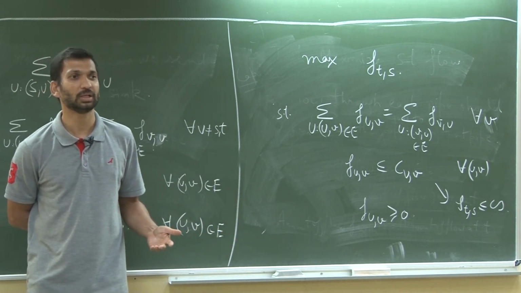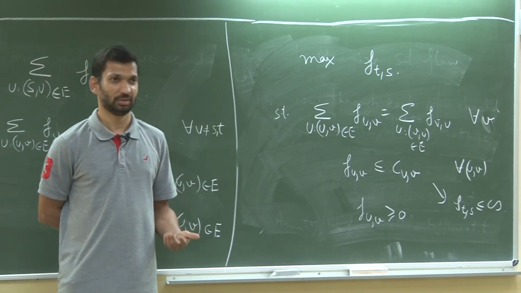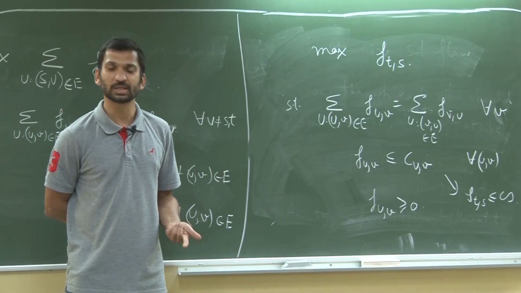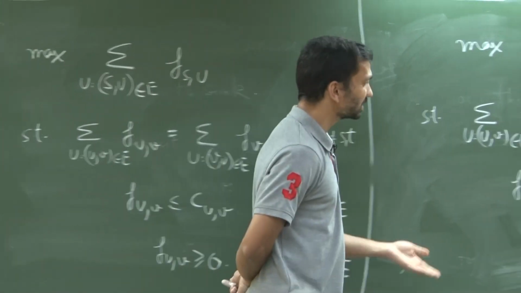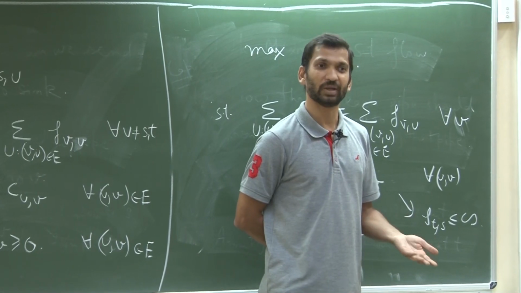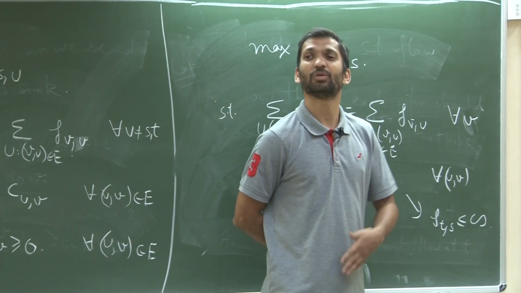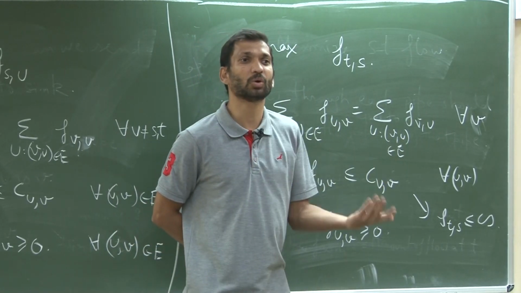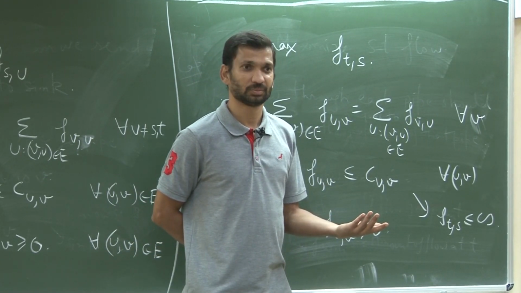Why can't I put it in the linear programming solver? Infinity is not a number, right? So what is the small fix? Right, exactly, very nice. I can replace infinity by a very big number, right? For example, just sum up all the capacities. Definitely that's an upper bound on my flow, right?